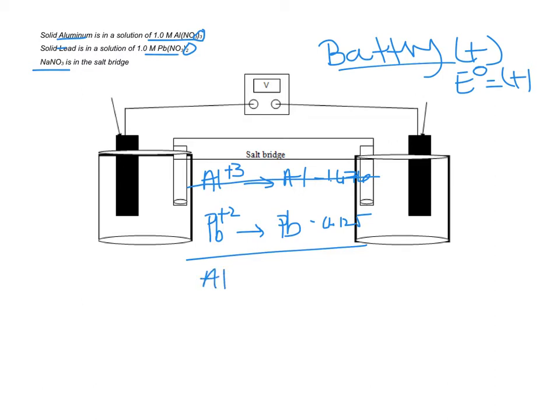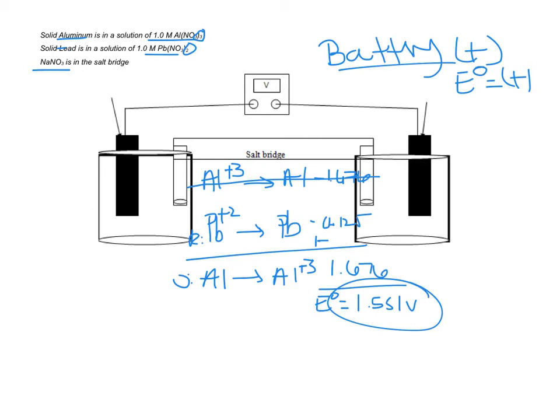So I'm going to rewrite this as aluminum being oxidized, and now my value is 1.676 plus my negative 0.125, and so my potential for this battery would be positive 1.551 volts. So when we do this redox reaction with aluminum being oxidized and lead being reduced, we're going to produce electricity, which is what we want. We want our battery to work, to give us energy.